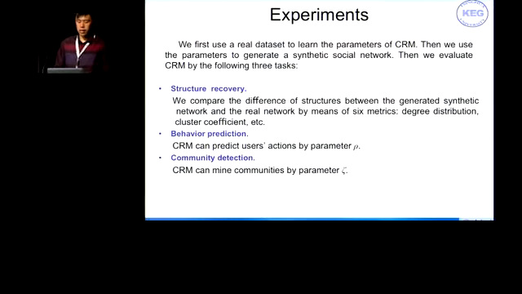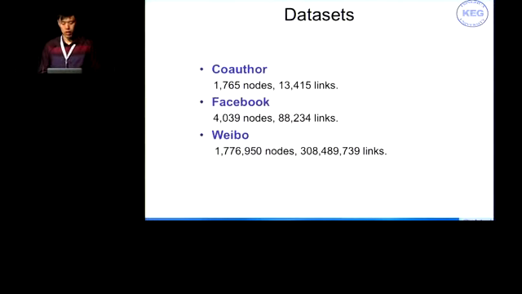And the second task is behavior prediction. The learned parameter rho reflects the probability of a node taking a specific action, so it is intuitive to use it to predict users' behaviors. And the third task is to use the learned parameter zeta to detect the community within one social network.